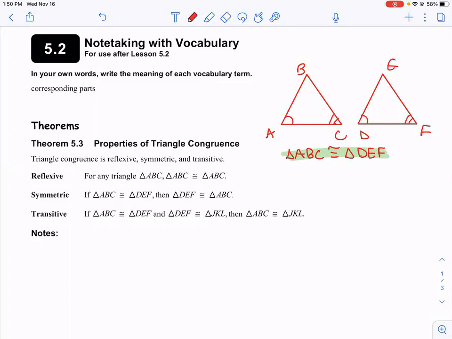Reverse psychology is maybe not the way I would go with that, but like reverse order. These are congruent, here are our parts. So when I say corresponding parts, we're going to talk about the sides and the angles, so matching sides, matching angles of congruent figures.